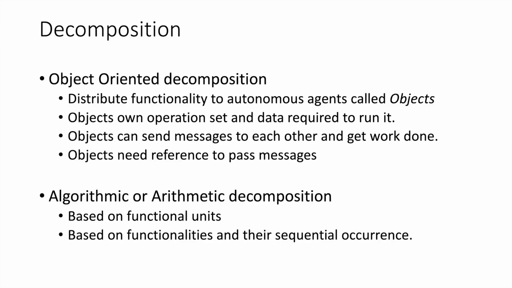As far as the functionality is concerned, we are going to split it into objects and capsules associated with those objects. These individual objects own their own set of data required for performing the tasks which they have been allocated.